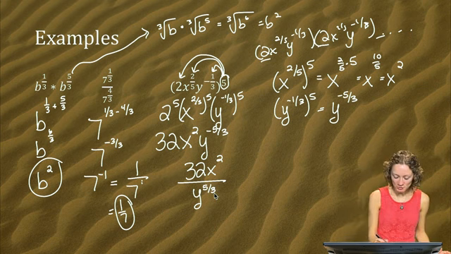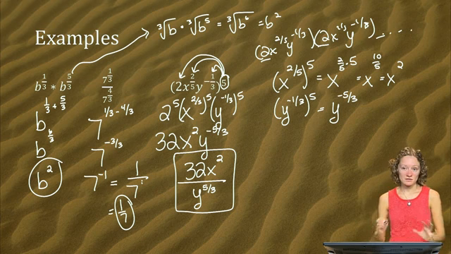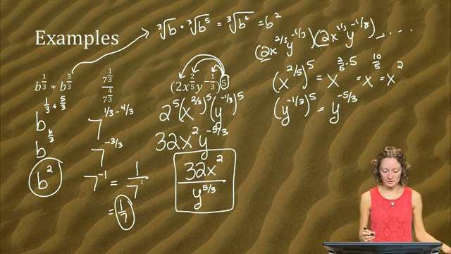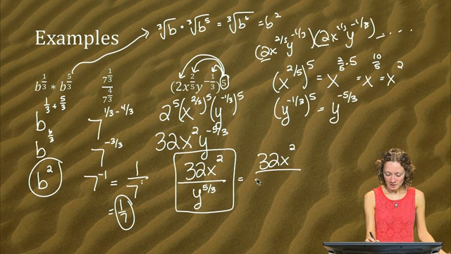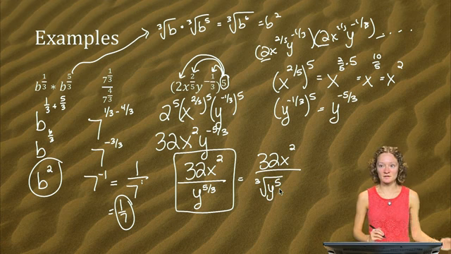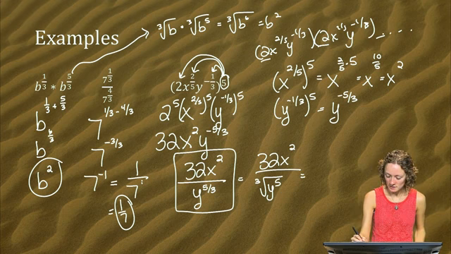And there'd be a couple ways you could present this. You could present it this way, since this objective is really just about using those rules you've previously seen. Or you could fix that denominator. You could change it to be a cube root of y to the 5th. If you have 5 y's, there's definitely a group of 3 that can come out.